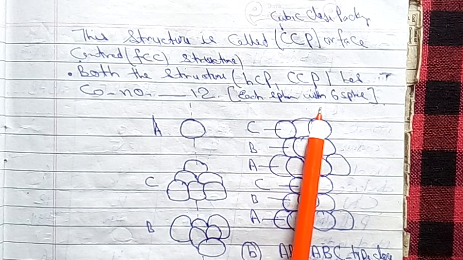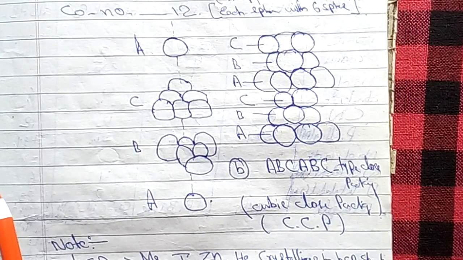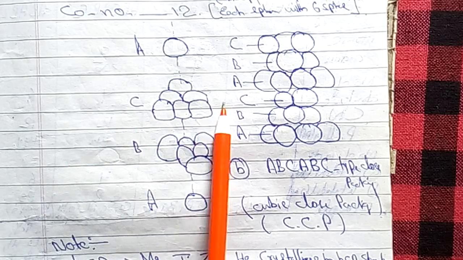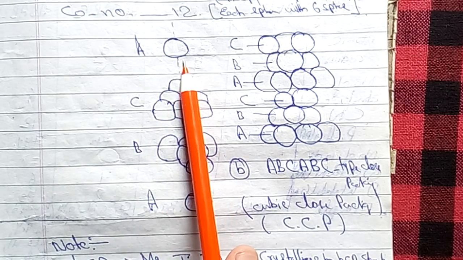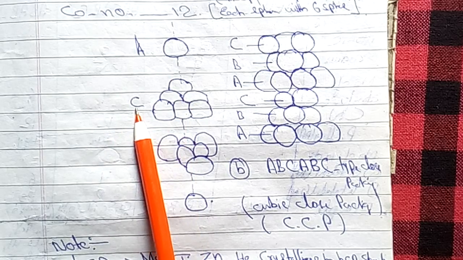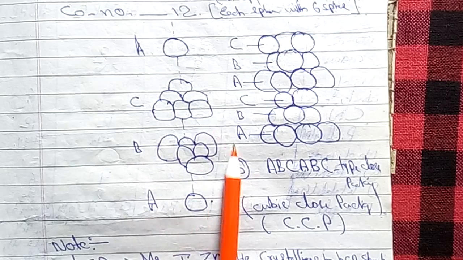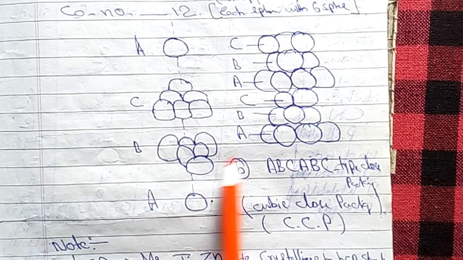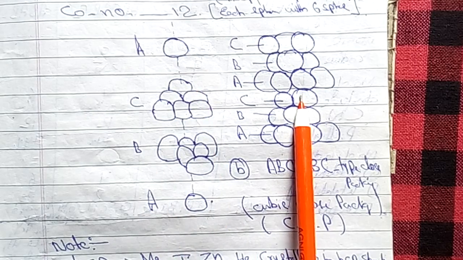Each sphere is surrounded by 6 spheres in a layer. In CCP, which type of arrangement is obtained? CCP or FCC. Suppose the atom is present at the center A, then C has this type of arrangement when the third layer is placed. B has this type of arrangement. By placing the third layer, again A is obtained. So combining all this, we get this type of structure.